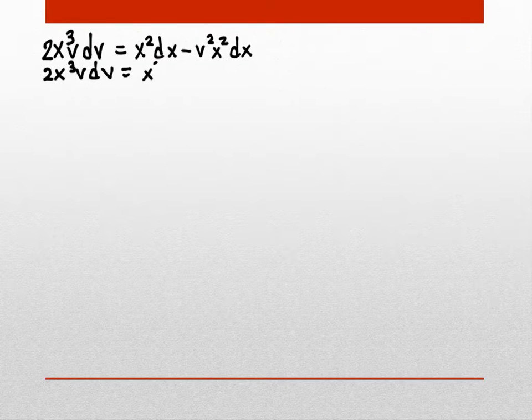So this would be x squared minus v squared x squared dx. I think it might be helpful to pull out the x squared as well. Would you guys be okay with me doing that? Yeah. Let me redo that step and do that. x squared and then 1 minus v squared dx.